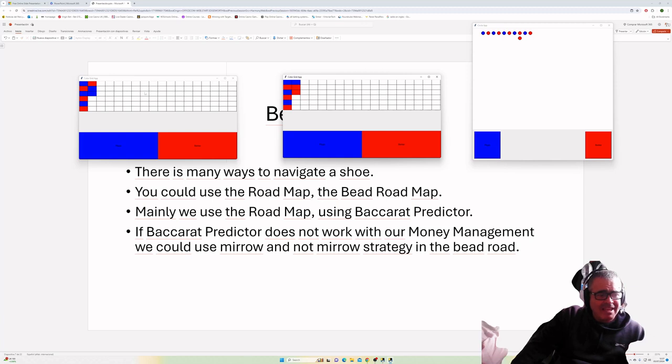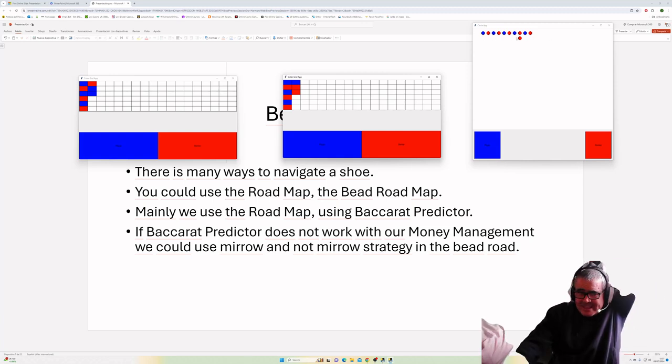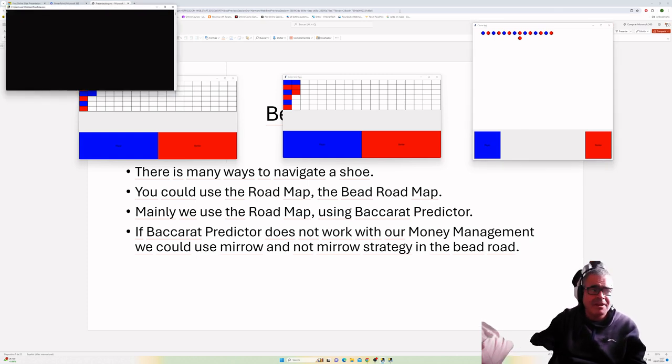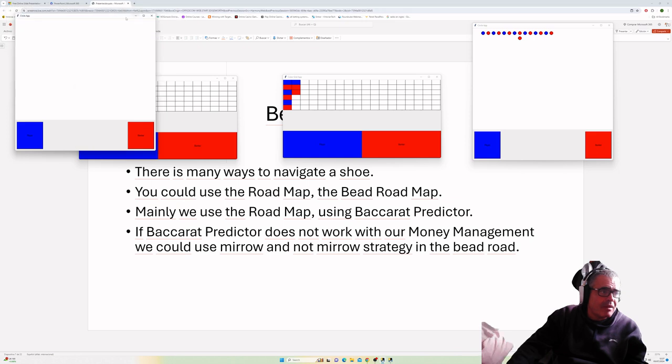And what more they say is you have to find a shoe that is not similar. It doesn't look similar. Like for example this one. This one is a shoe that is completely choppy, so you shouldn't bet on these ones. You should find a shoe that looks more like this one.